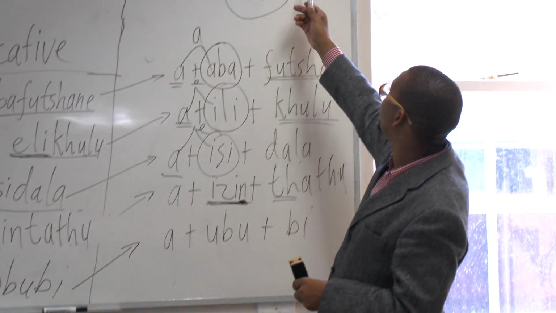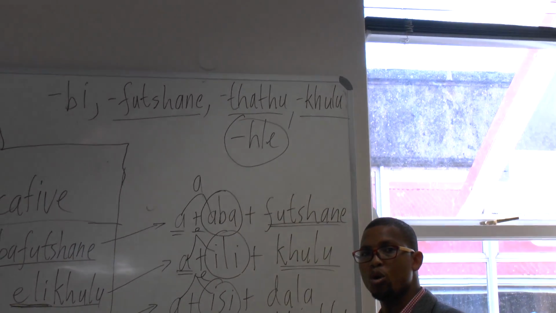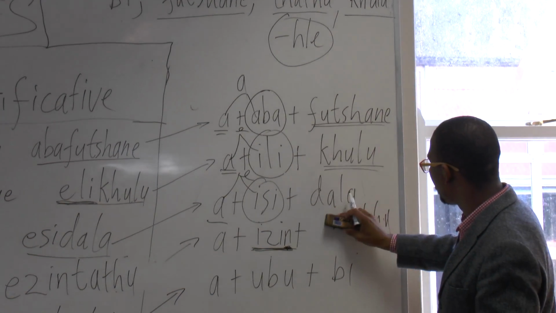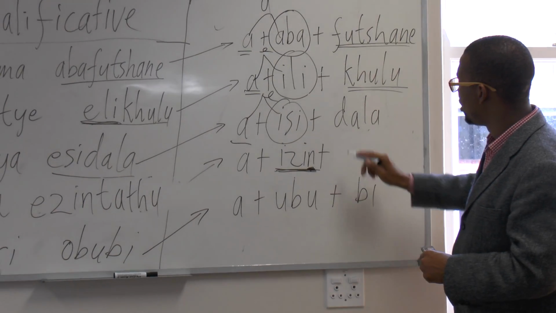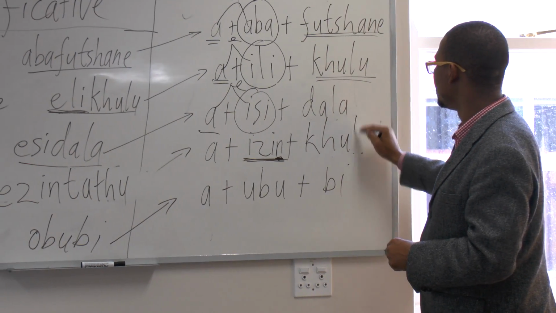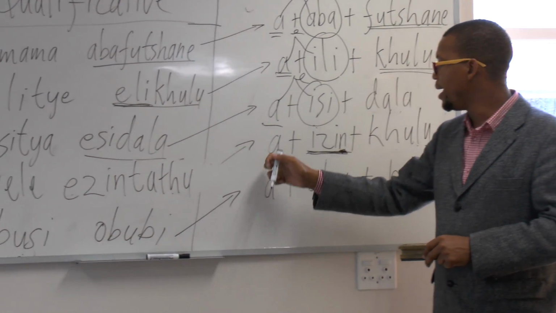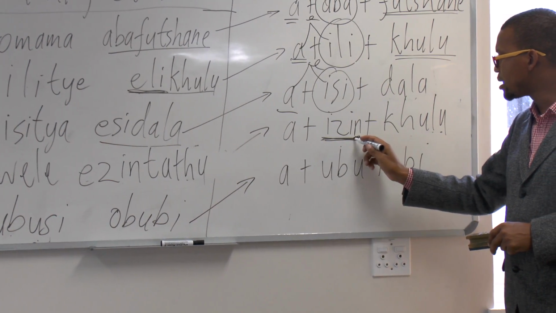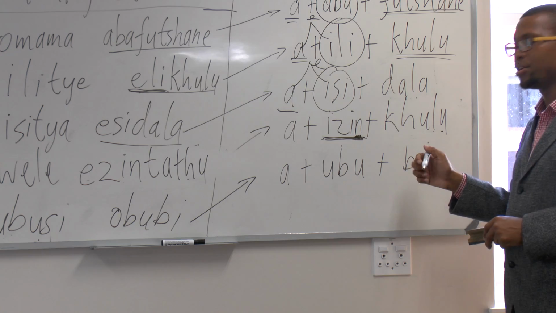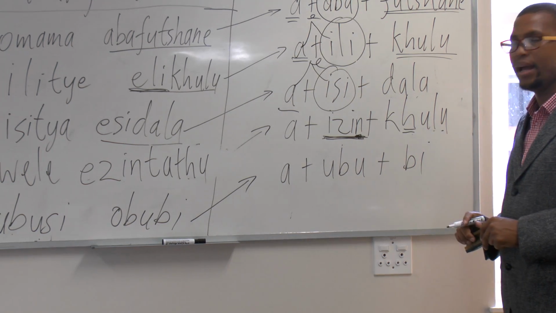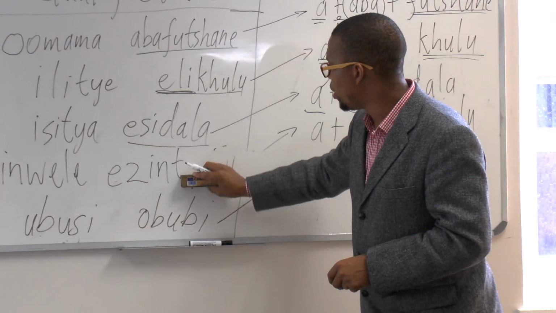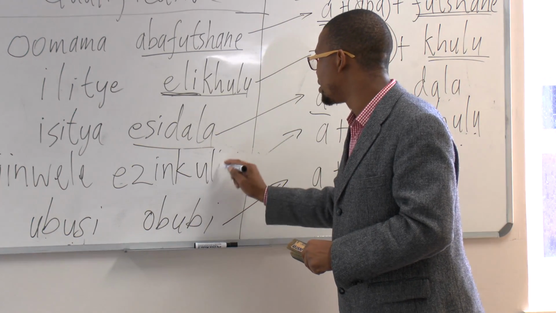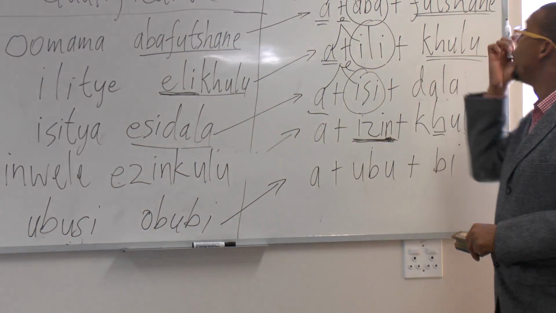Another example up there, khulu, big hair. Follow your formula, big hair. We've got khulu here. Then it's going to be A plus izi plus khulu. Then because of this nasal, the KH, we drop this H, and we are left with inwele ezikhulu.